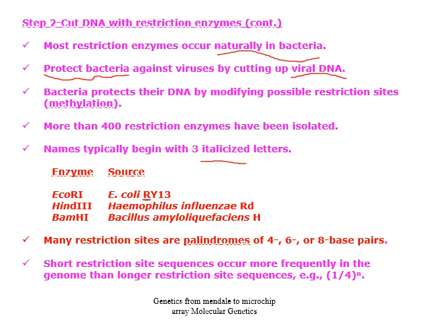Many restriction sites are palindromes of 4, 6, or 8 base pairs. Short restriction site sequences occur more frequently in the genome than longer restriction site sequences.